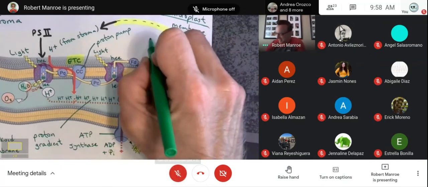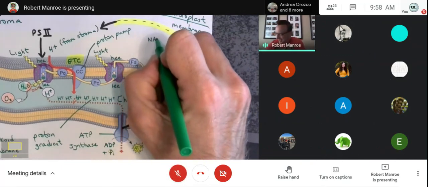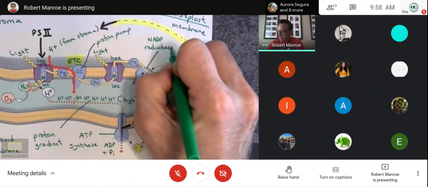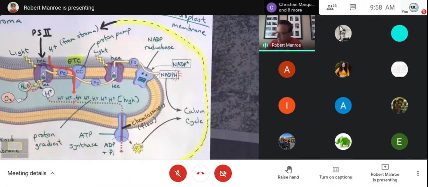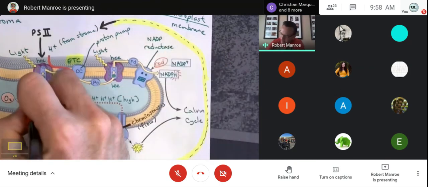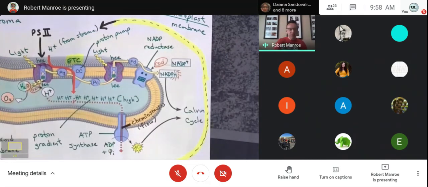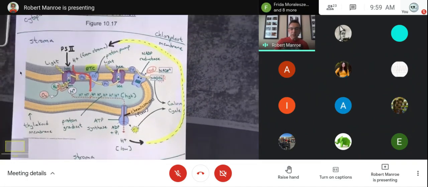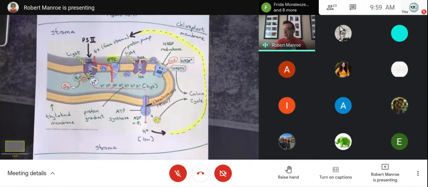NADP reductase, because that is the enzyme that reduces NADP into NADPH.